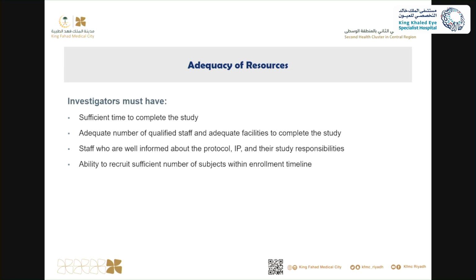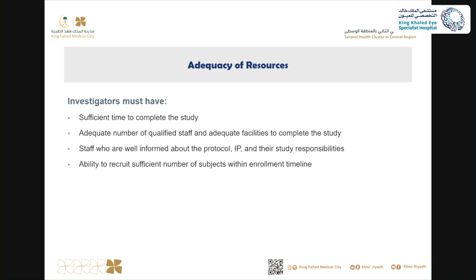So you have to make sure that you have these resources in place. This is at the level of manpower. At the level of equipment, do we have the specifications, for example, for MRI or CT? Can we do this kind of blood work or not?